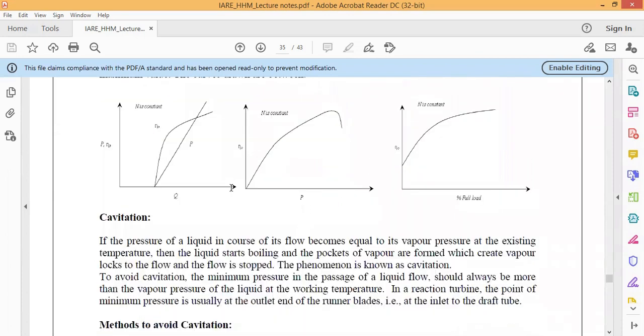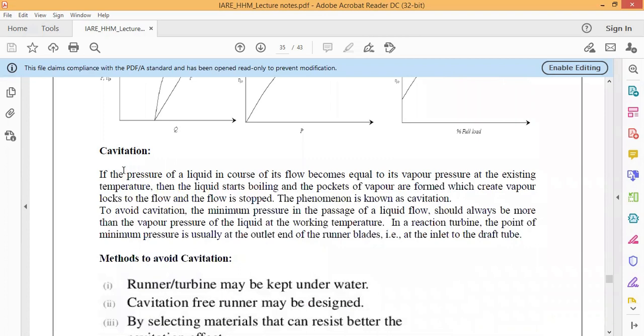Cavitation we have learned many times; we have to avoid any kind of air cavity formed inside the turbine or the workings of the blades.